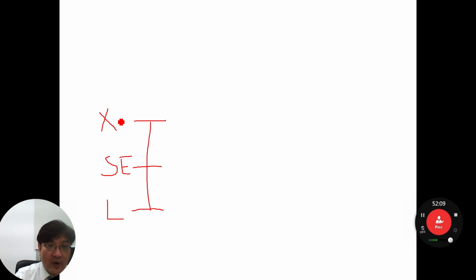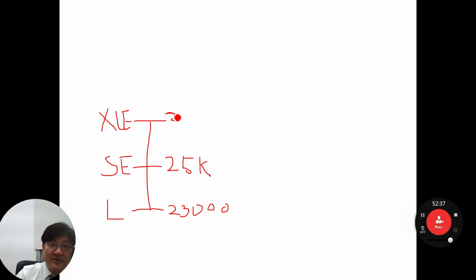I don't know why, but they actually call it this. The price is going to be, for example, not exact, L is 23K, the SE is 25K, and the XLE is 28K.